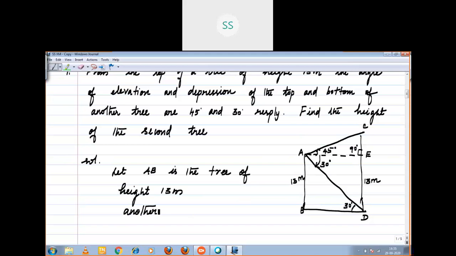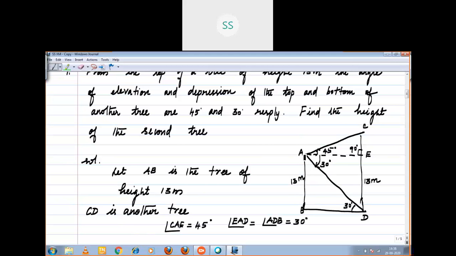Another tree is CD. Now, angle CAE equal to 45 degree. Angle EAD equal to angle ADB equal to 30 degree.